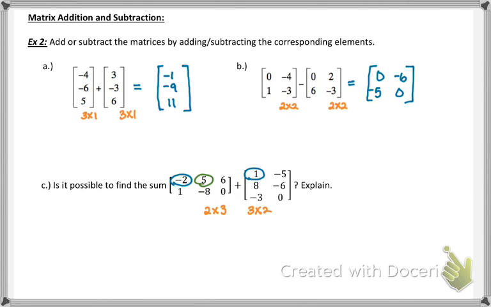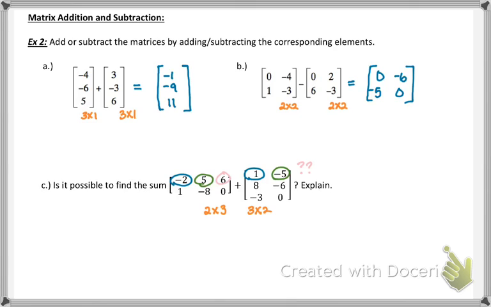First row, second column, I'm going to add the 5 to the negative 5. But then I have a little problem when we move on to the next column, right? First row, third column, the 6, there is no corresponding element in the second matrix, so I can't add it.